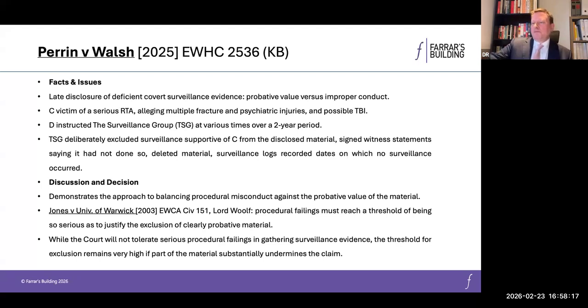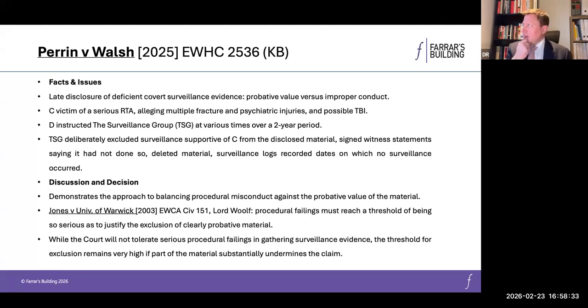And in the balance, in particular, of the very significant failings procedurally and worse than failings in this case, the court reflected back on the case which you might remember of Jones and Warwick universities.